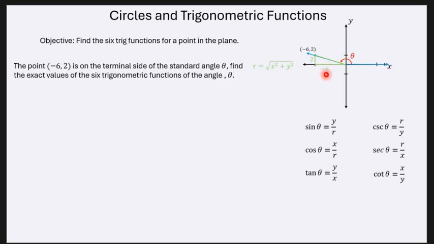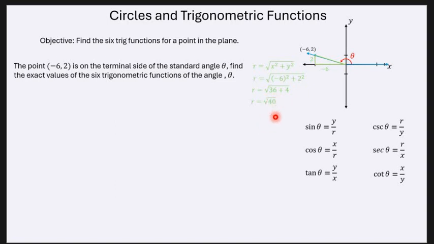So x is -6, so I get (-6) squared, and y is 2, so I get 2 squared. So r is the square root of (-6) squared plus 2 squared, and that means that r is equal to the square root of 36 plus 4, and 36 plus 4 is 40, so r is the square root of 40.